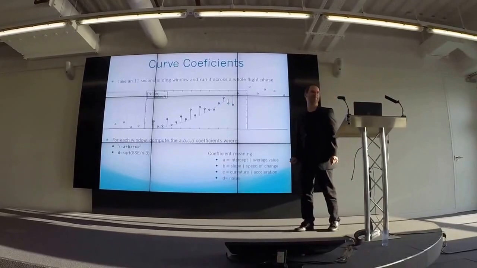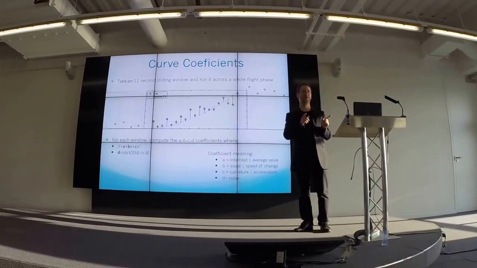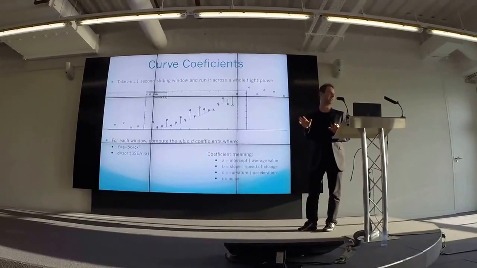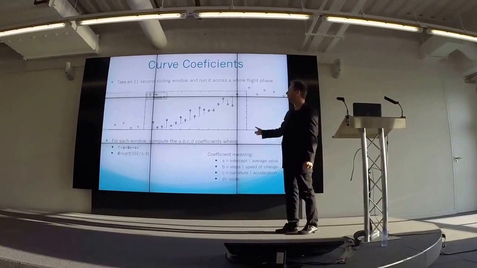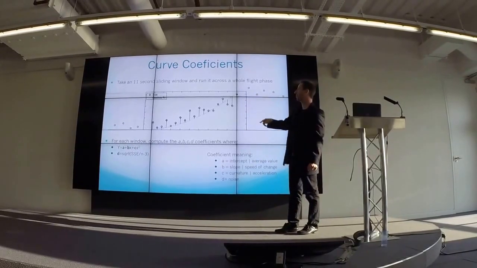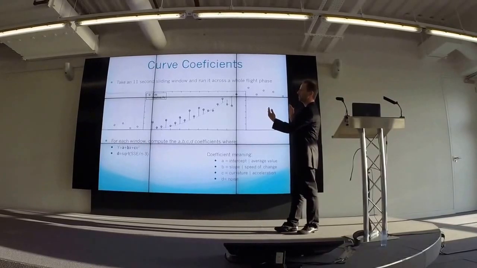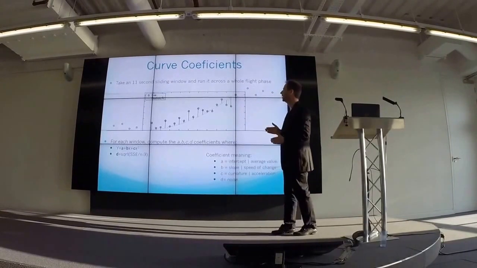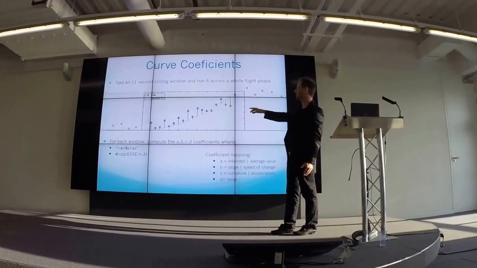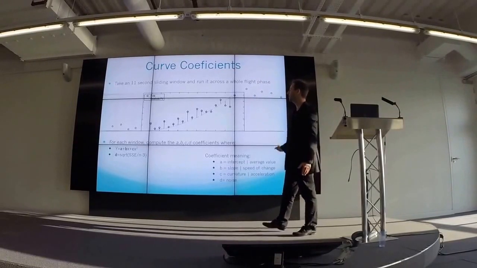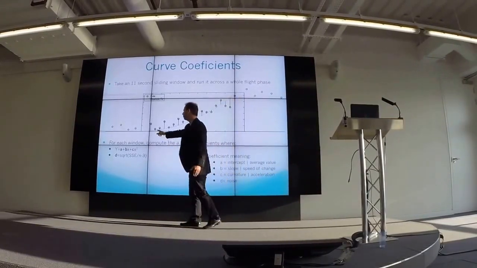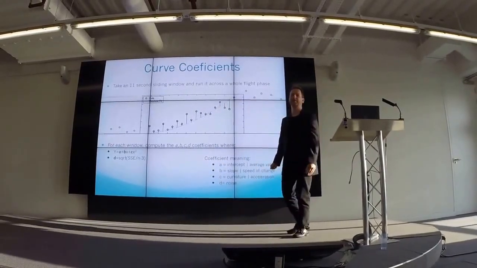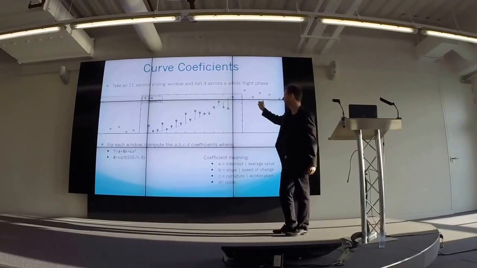In order to do this, if you have any questions at any time, please interrupt me. This is technical stuff. When you look at it the first time, it might not come very easily. So what we did, when you have the whole phase, is take a sliding window. This methodology is slightly borrowed from digital signal processing. We take a sliding window, in this case an 11-second sliding window, and then we do a quadratic fit, or a polynomial regression of the second order, whatever you want to call it.